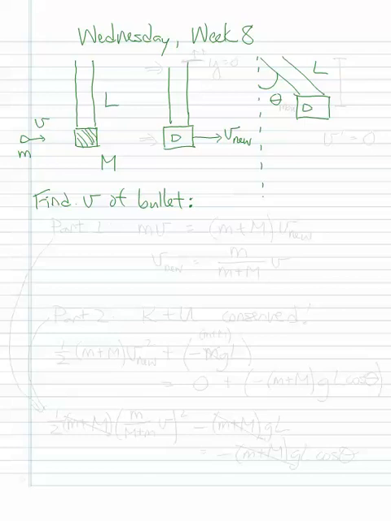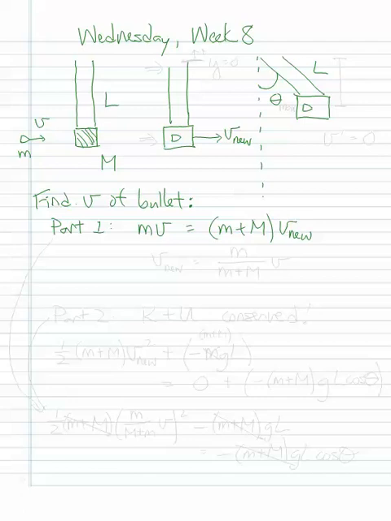And so the first part of the problem is an inelastic collision problem, and so we use conservation of momentum. So part 1 is that m times the velocity of the bullet is equal to little m plus capital M, the block, and their new speed that they leave together.